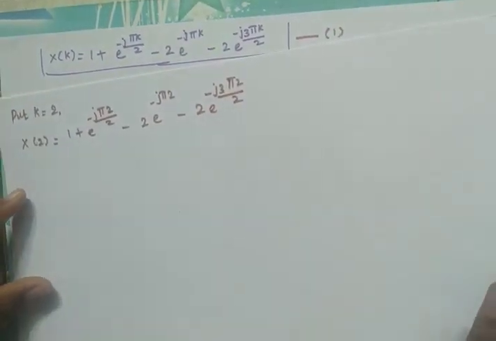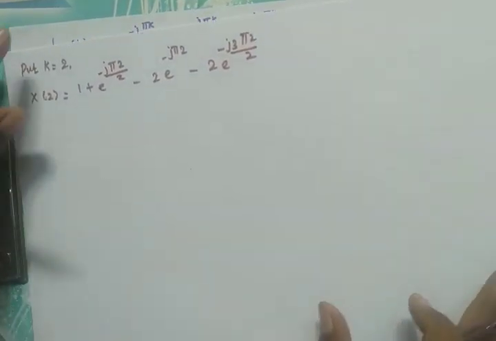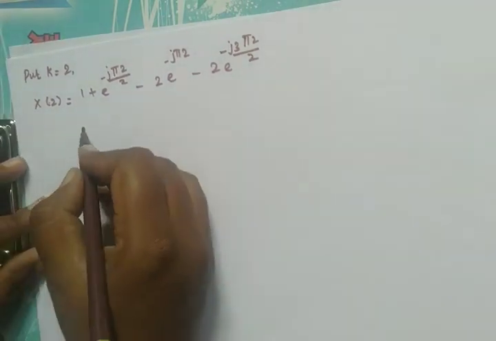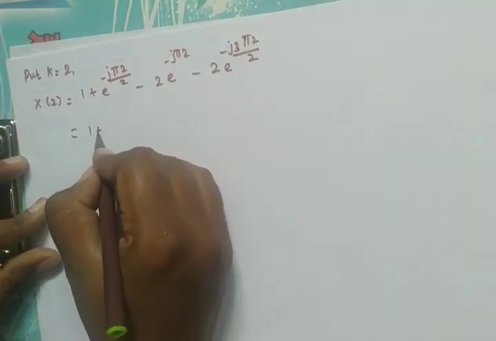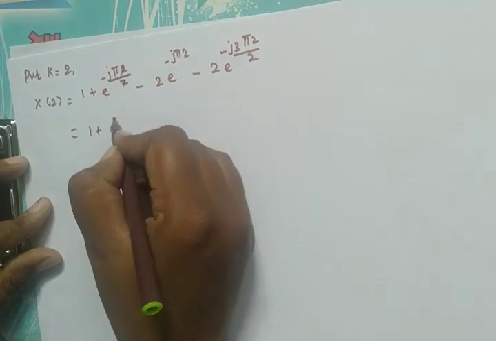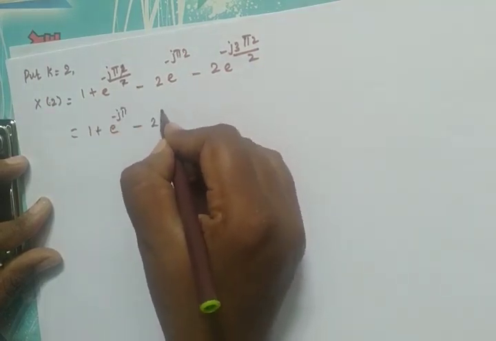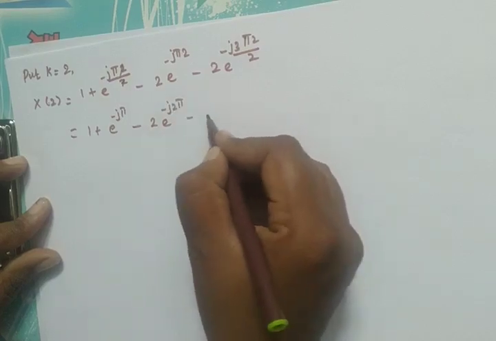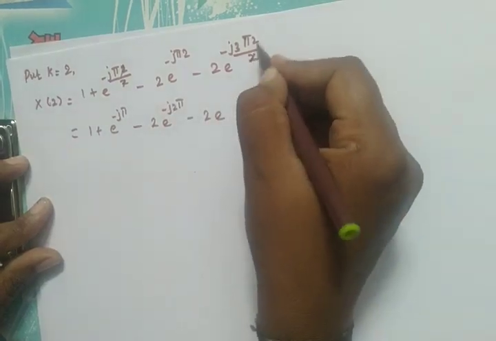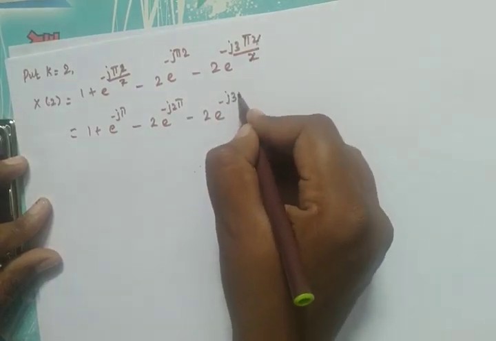Now what happens? Which is equal to 1 plus e power minus j pi minus 2 e power minus j 2 pi minus 2 e power minus j 3 pi.